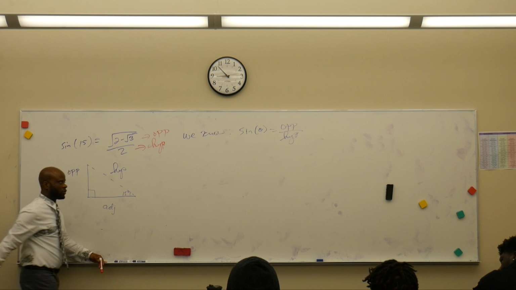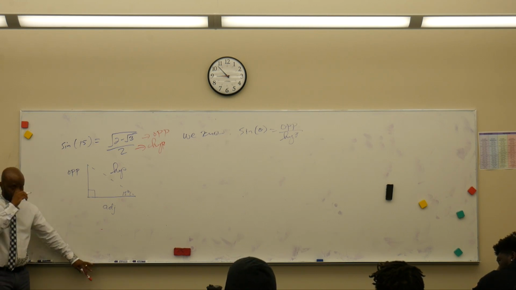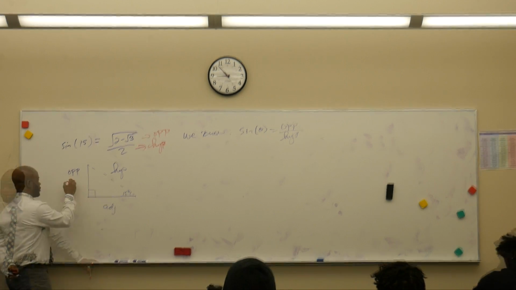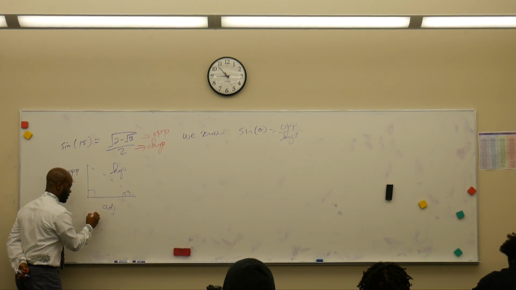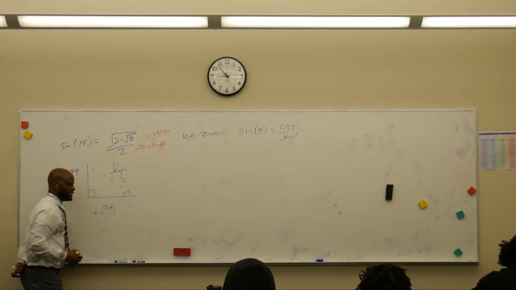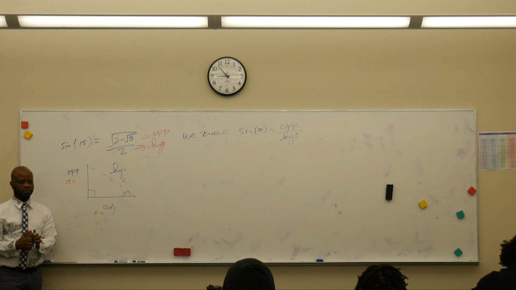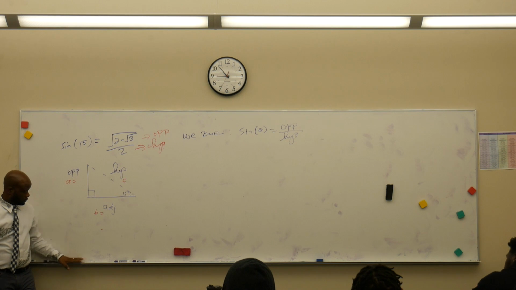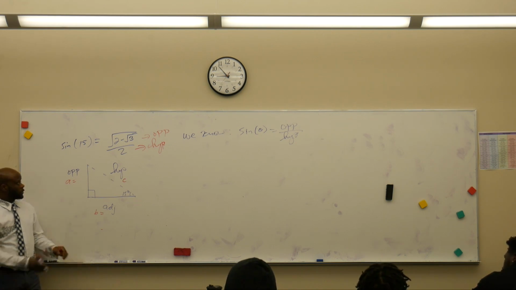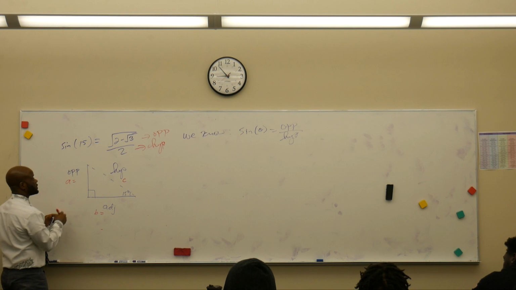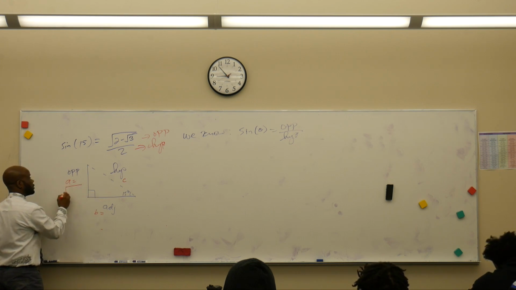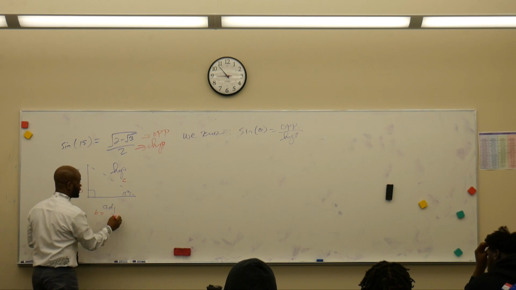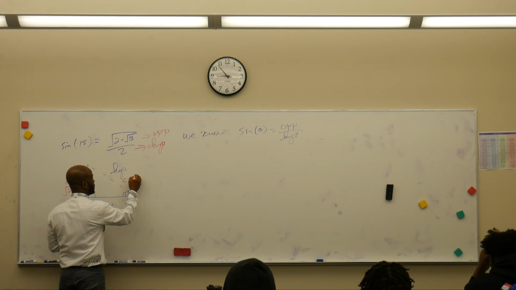And my longest side is always the hypotenuse. I really don't care which one is A and which one is B, as long as I maintain that the hypotenuse is C. So we're given that the opposite side is that thing. We do not know the adjacent side. We know this side to be the denominator.